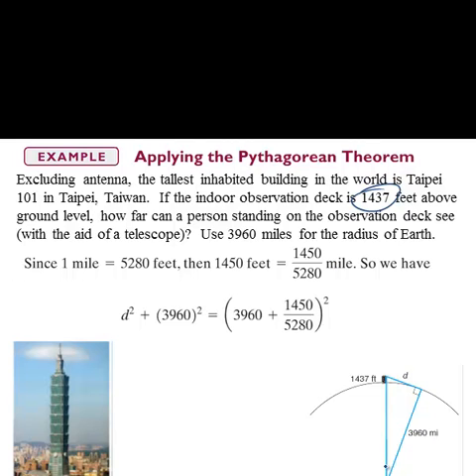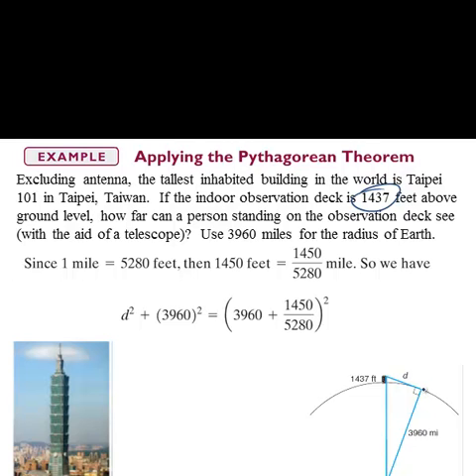And you add that to the radius of the Earth, and then you look at this picture right here. We've got a 90-degree triangle, I should say, where this short leg here is going to be the line of sight from you at the top of the building and that point on the Earth's surface past which you can't see anymore.